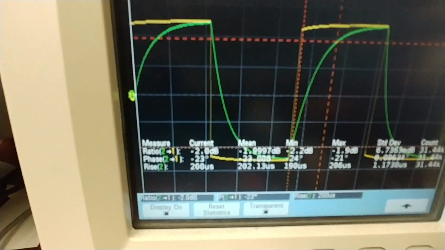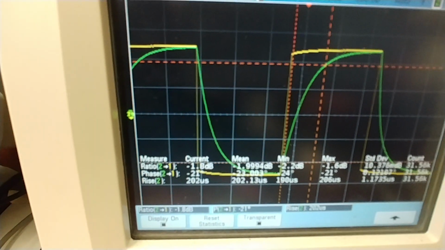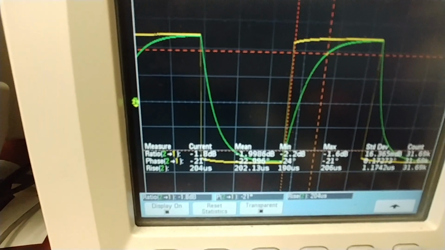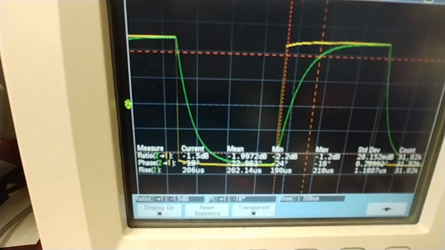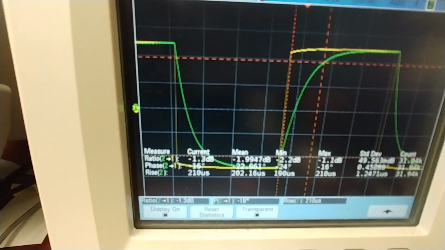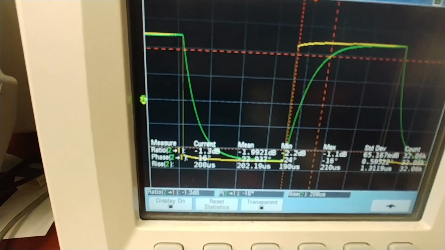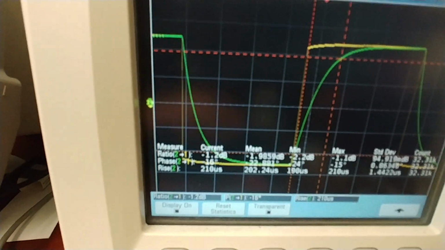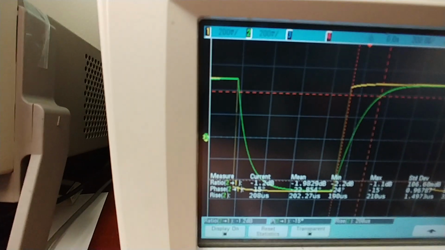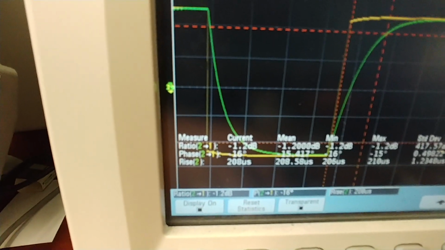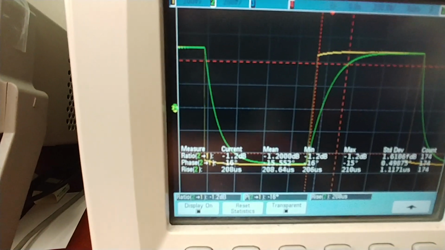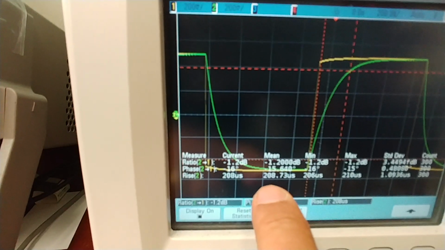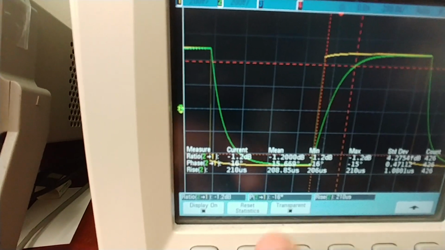I'm going to start increasing the period, and you can see that the rise time now goes from 202 to about 210, and I have to reset the statistics to see that. Alright, so it's right there at the bottom, and it's about 208.